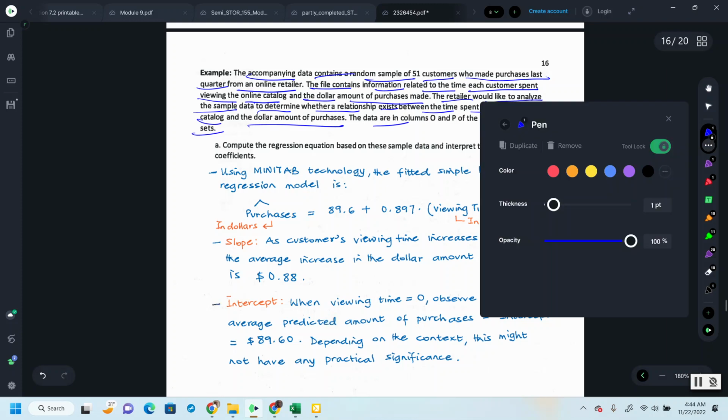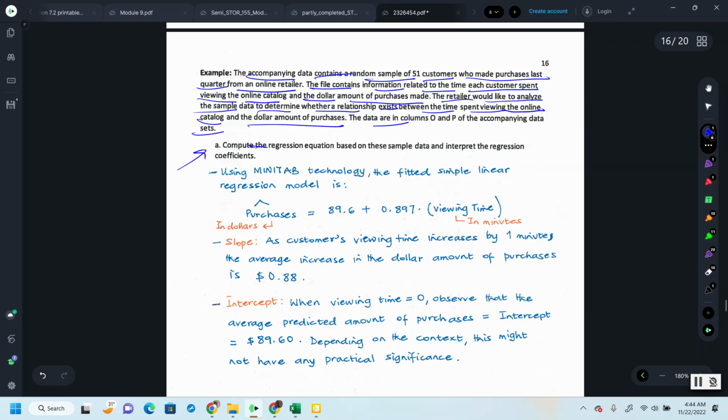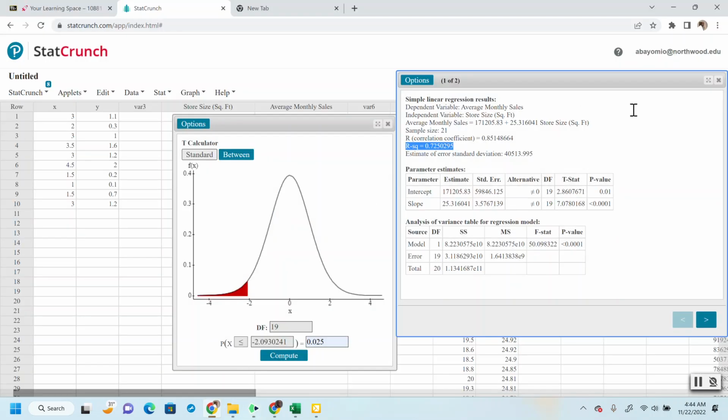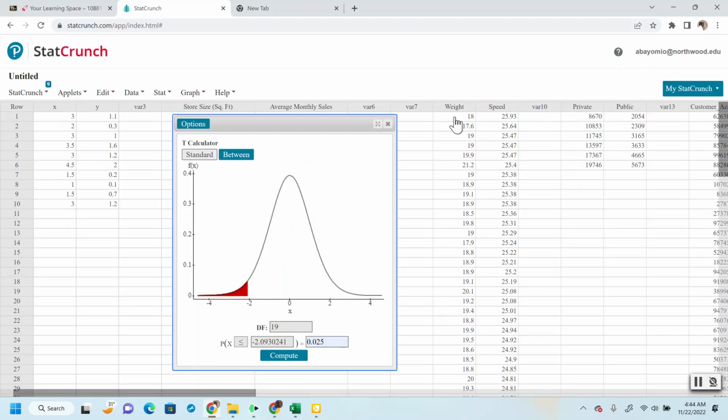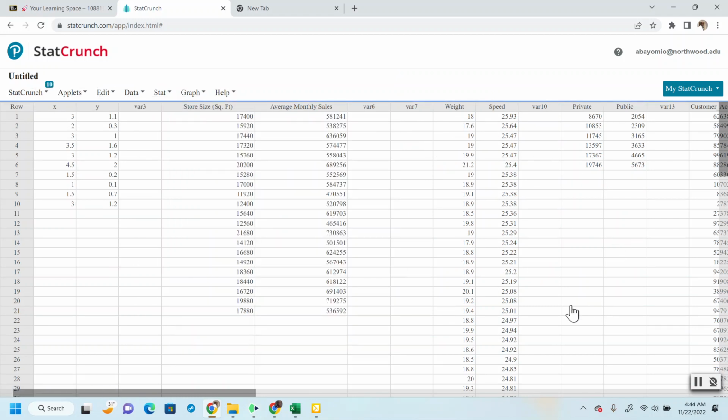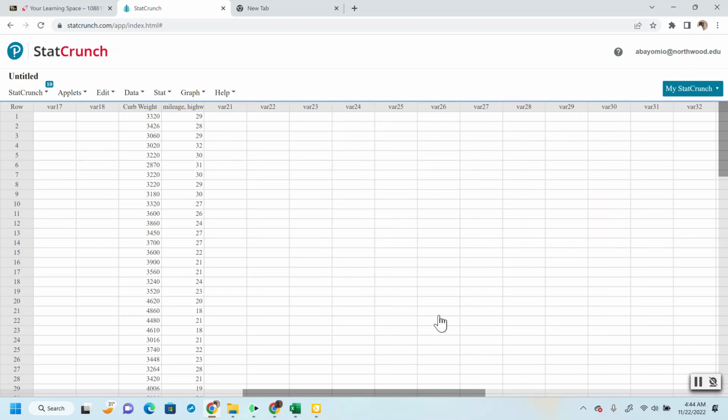Using that data, question A, we would like to compute the regression equation based on the sample data and interpret the regression coefficients. So let's see the data and let's see how to compute the regression equation.